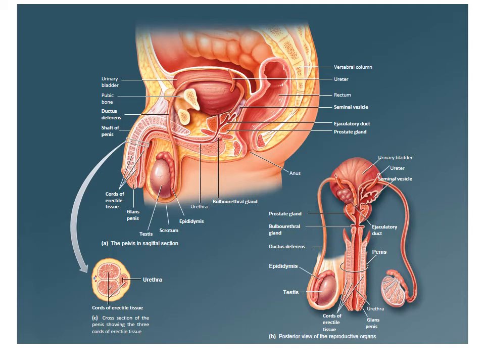In this picture you can appreciate the various anatomical structures involved in the male reproductive system. So I request you once again to go back to your anatomy slides and lectures and review those structures carefully before you look into the physiology part.